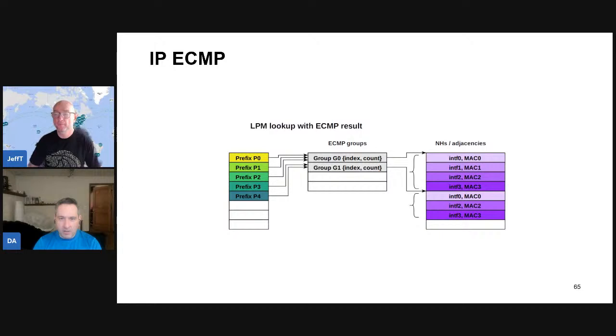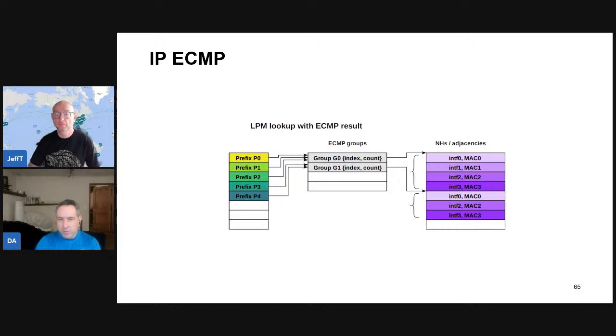What we have is a slightly simplified picture. There are slightly different implementations, but take an average high-speed modern chipset doing ECMP or weighted multipath forwarding. First, we have a longest prefix match lookup, and as a result we get either the next hop if it's a single path, or a pointer to an ECMP group.